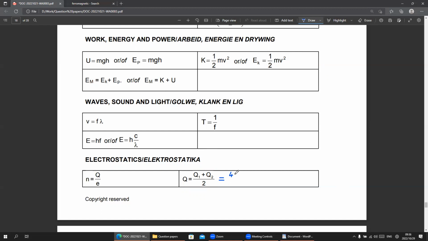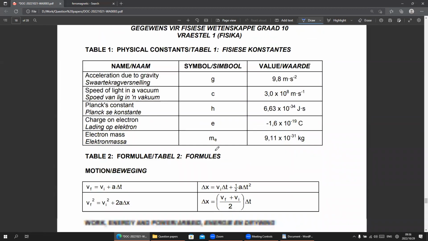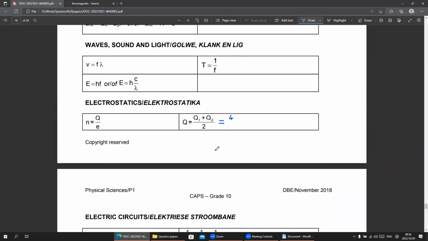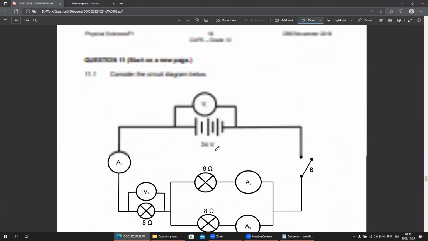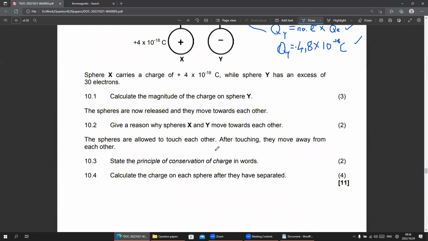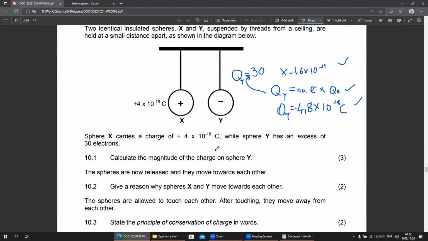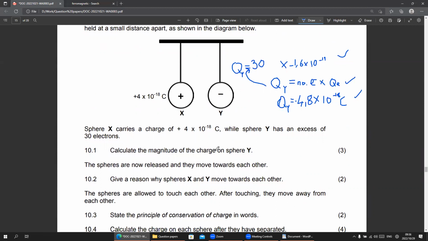You're gonna get 0 divided by 2, and at the end of the day, your charge is gonna be 0 coulombs. I don't know if you need me to write it down, but can you understand why I'm saying your final charge is gonna be 0? The negative and positive charges are the same, so they'll cancel out.